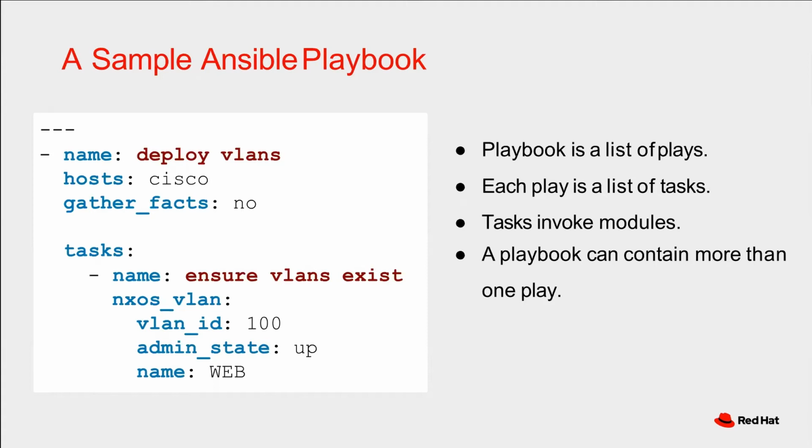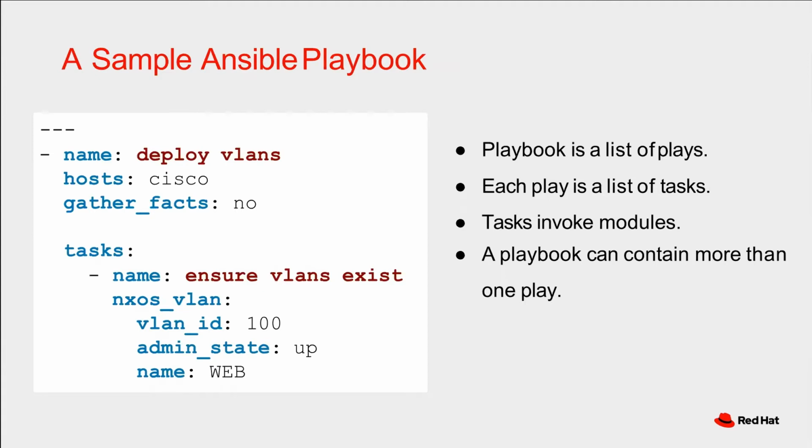So gather facts is really something that's designed for systems where we can copy the code to the server workstation, and it really doesn't apply to network devices. So for all network devices, we're going to always set this to no or false, and Ansible will accept either.